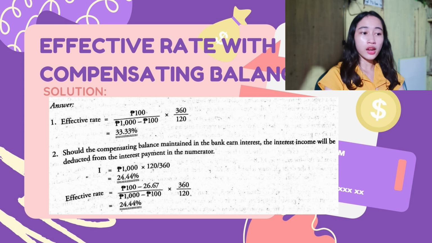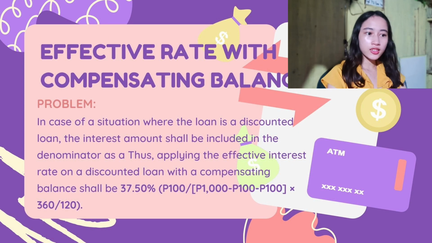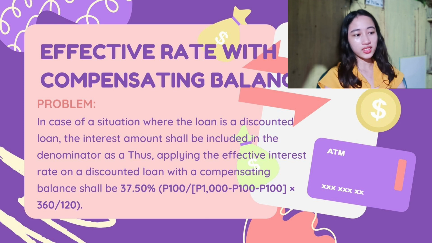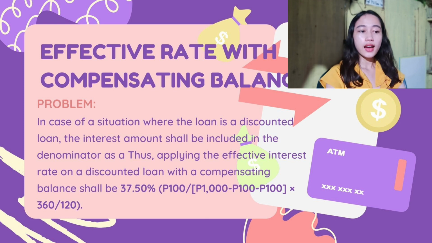You will choose either of the two formulas. Okay? There is another example, on the assumption that the interest is an add-on interest. In this case, the loan is a discounted loan. The interest amount should be included in the denominator.